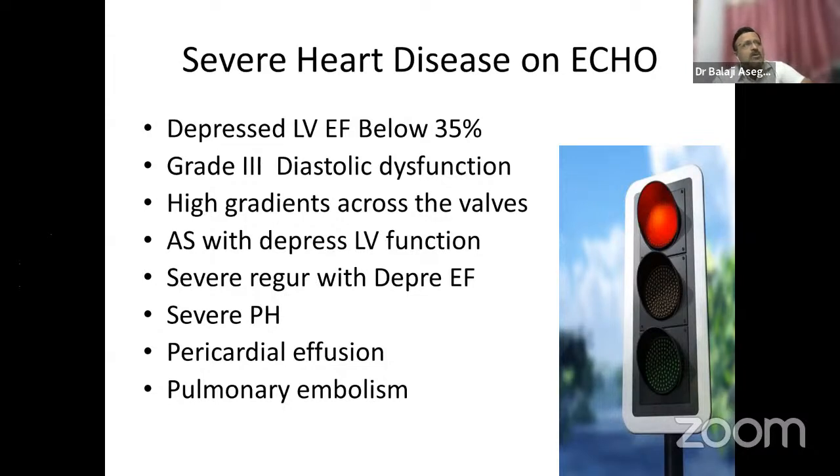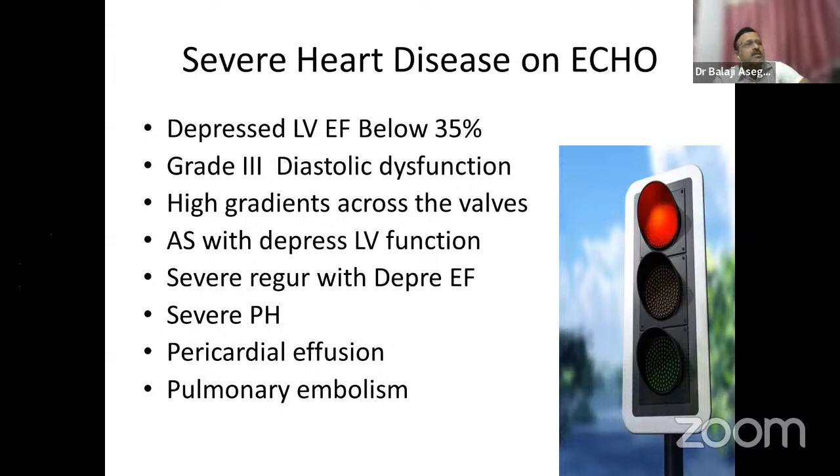Any grade 2 or 3 diastolic dysfunction, we have to be careful. High gradients across the valve, again, this can be a severe heart disease. Aortic stenosis with depressed left ventricular function. Because the heart is overcontractile during aortic stenosis, but LV function is decreased in the presence of aortic stenosis. These are the high-risk patients.